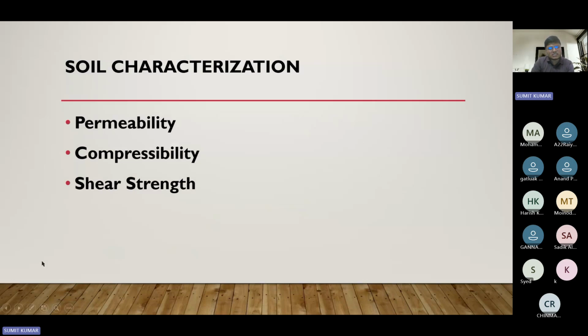In gravel, sand, silt, clay, the permeability is very high in the gravel, afterwards sand, subsequently silt and clay, right? Why? Because in the gravel, large size particles are there.